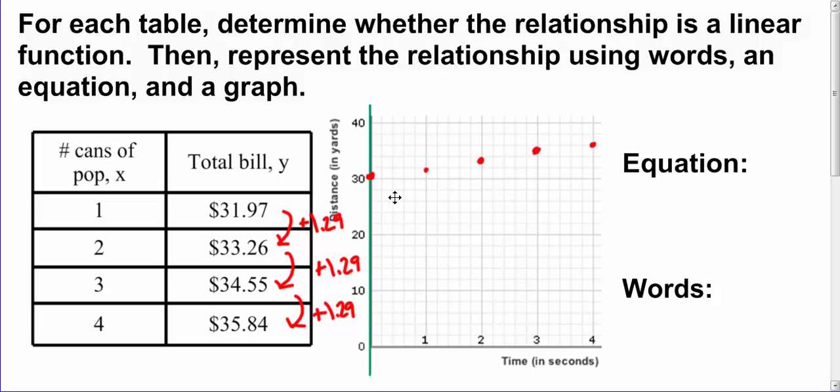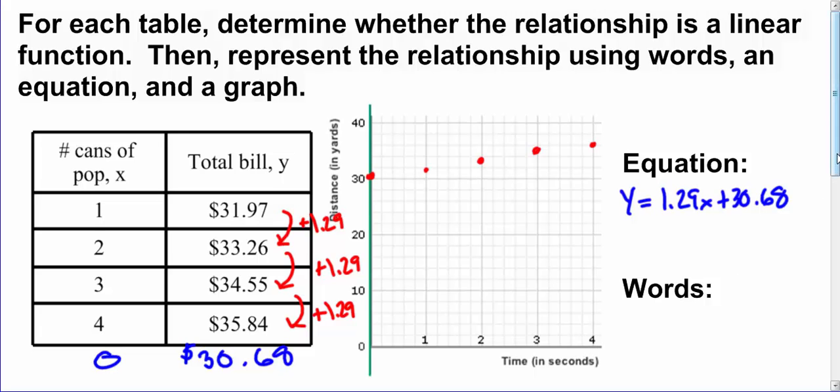Now you'll note that I went ahead and included a point that wasn't here. That was the point 0, and I'm going to write it down right over here, $30.68. This was the point before the one here by subtracting $1.29. That helps me because it gives me the y-intercept. So y is going to be $1.29x plus 30.68.